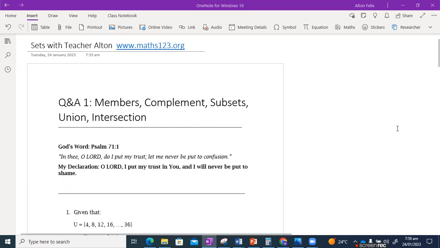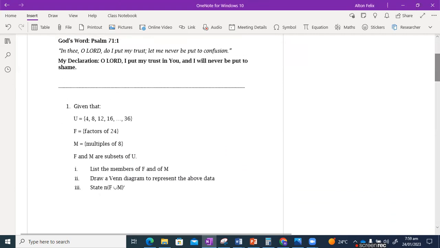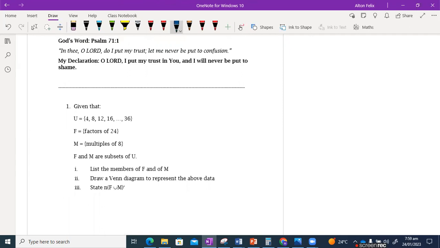I'm Teacher Walton. In question 1, we are given some sets. You are given your universal set, and members of those sets are 4, 8, 12, 16, all the way up to 36. And I would want to say here that this set really is the set of multiples of 4, and we are going up to 36.